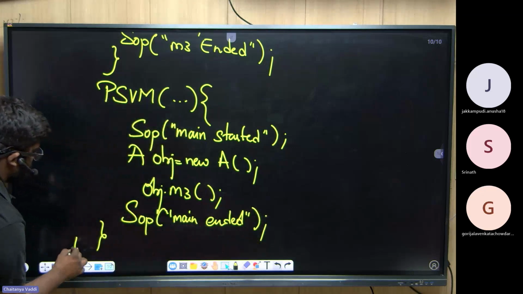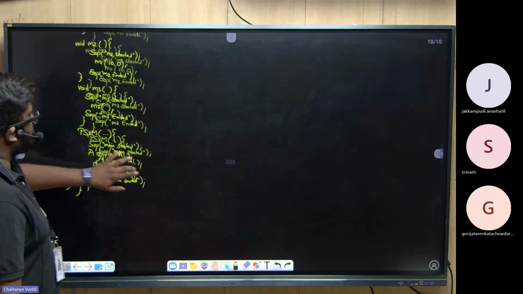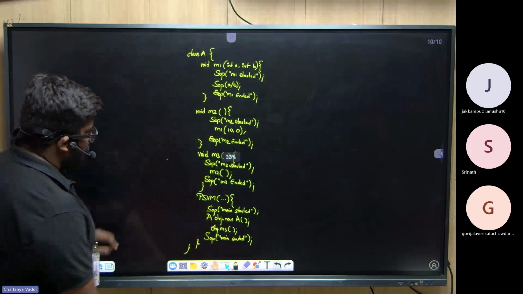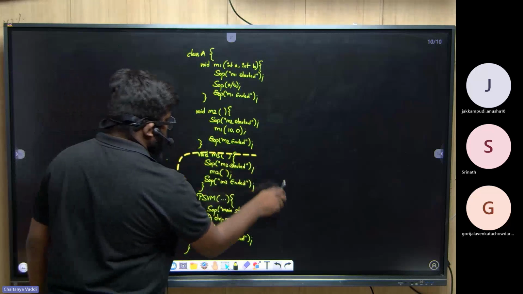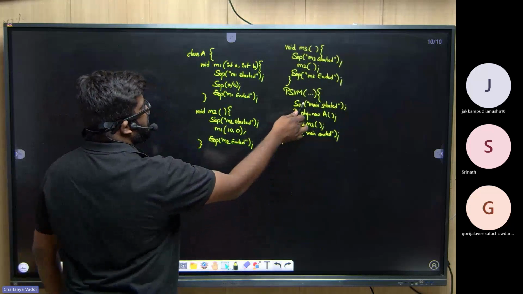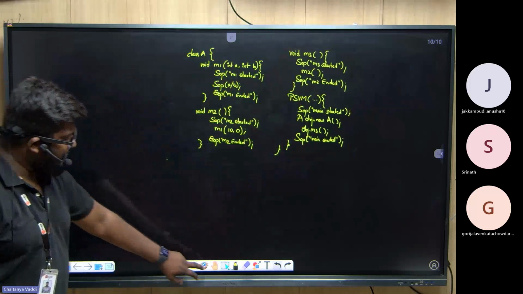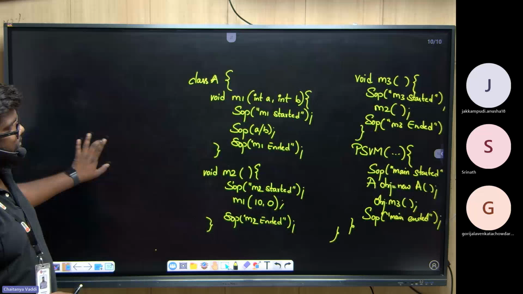Okay. So let's consider this is our entire program. This is the same program as before, but this time with a different scenario. What I'm simply doing is removing this here and pasting it here, so that I can zoom in a little bit for you all to see it in a better way.